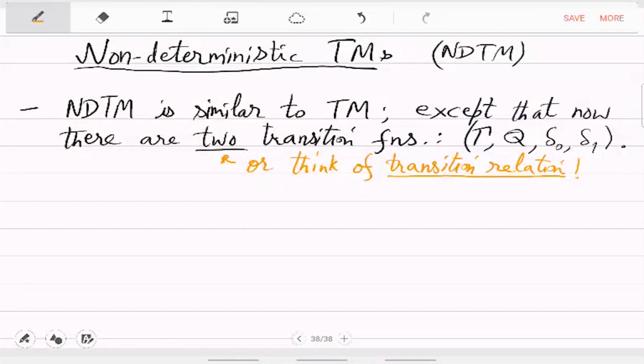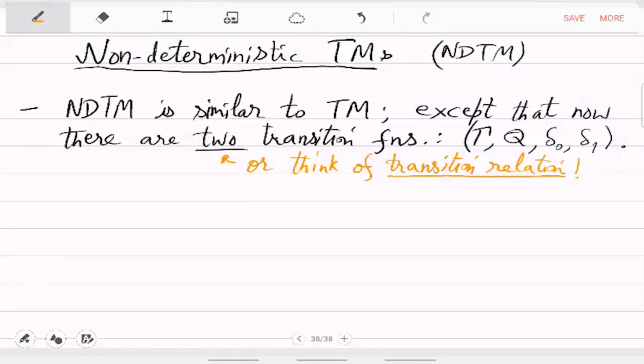So what is the difference between a transition function and a transition relation? Well, in the function, once the configuration is set, there is only one way to move to the next configuration. In the transition relation, once the configuration is set, there might be multiple ways to move to the next configuration.